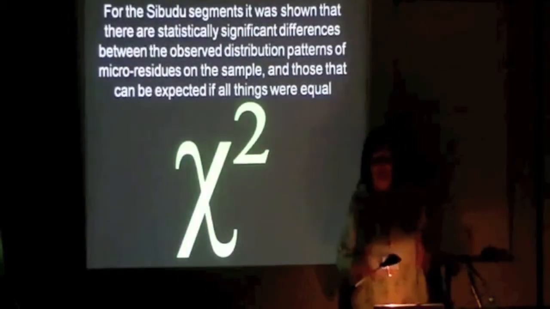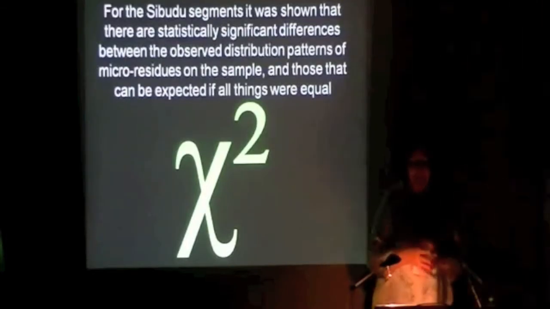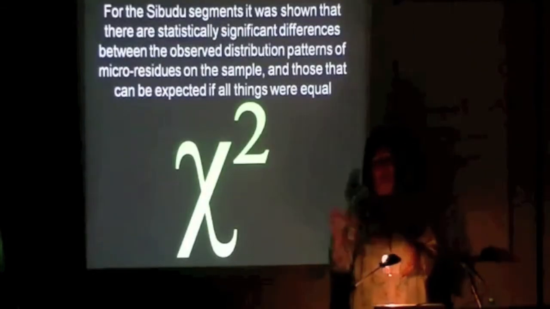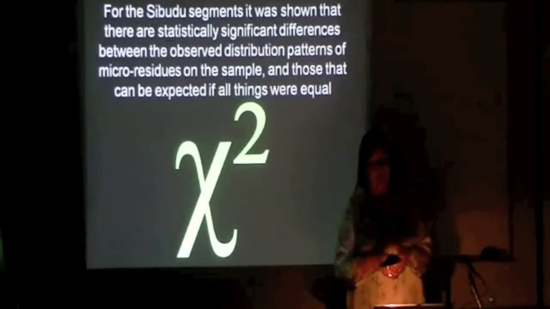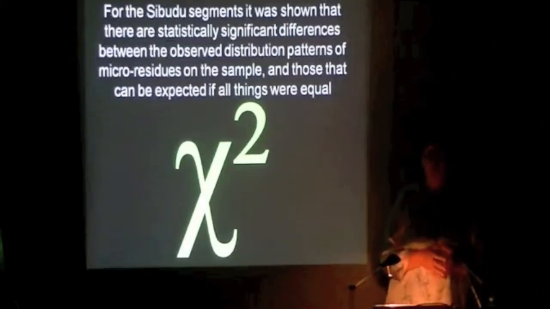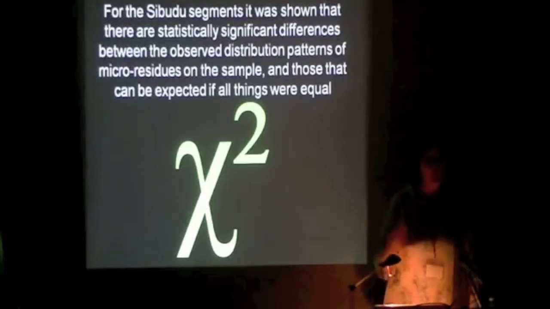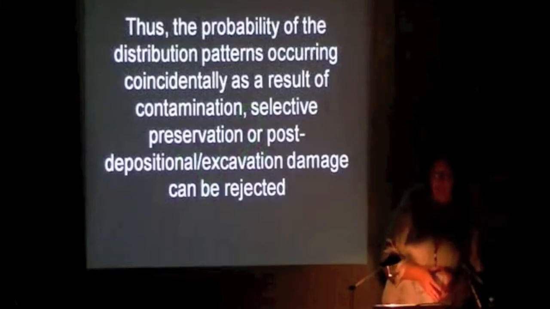Okay. But for the Sibudu segments, I could show that there are statistically significant differences between the observed distribution patterns of micro-residues on the sample and those that can be expected if all things were equal. And we took all the different residue types through this and could show this.